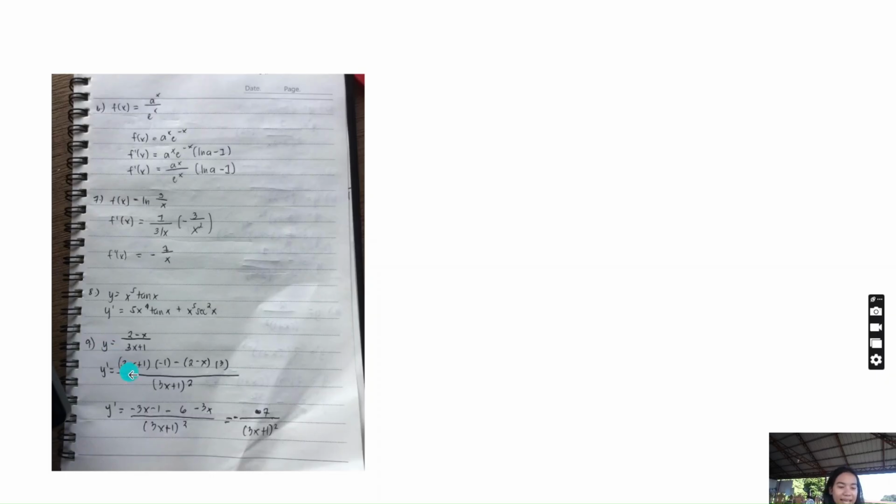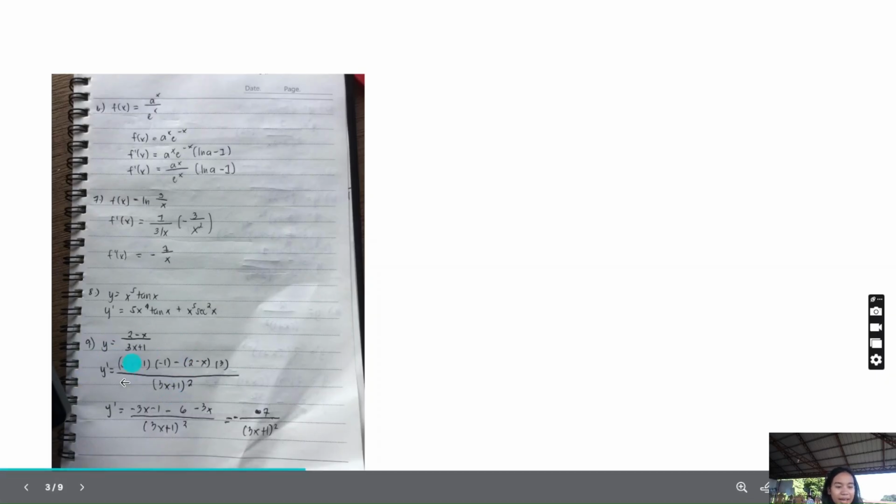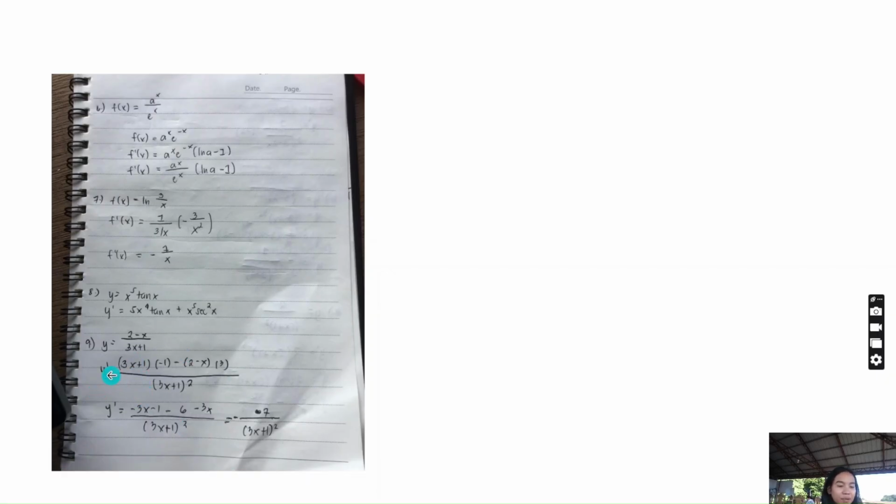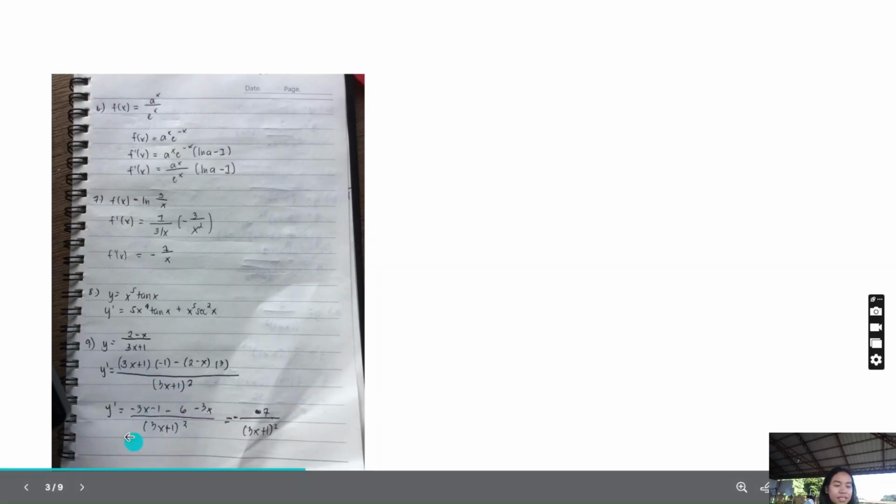So now we can multiply what we can multiply. From the first term, we can multiply 3x plus 1 times negative 1, that would be negative 3x minus 1. And then on the other side, that would be 6 minus 3x. So our answer for this would be all over 3x plus 1 squared, of course. We will not forget the v squared.